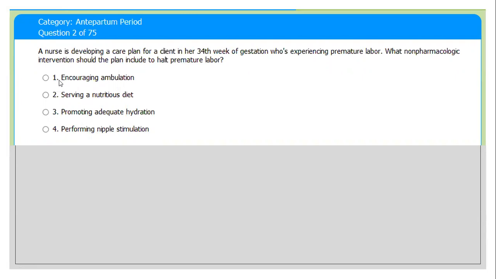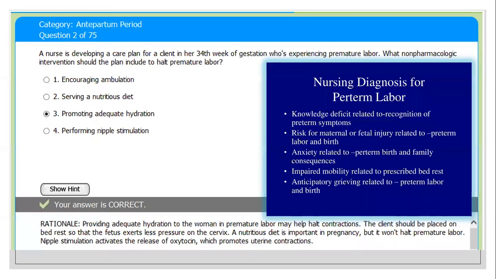Number one, encourage ambulation. Number two, serve a nutritious diet. Number three, promote adequate hydration. And number four, perform nipple stimulation. The correct answer is promote adequate hydration, right?